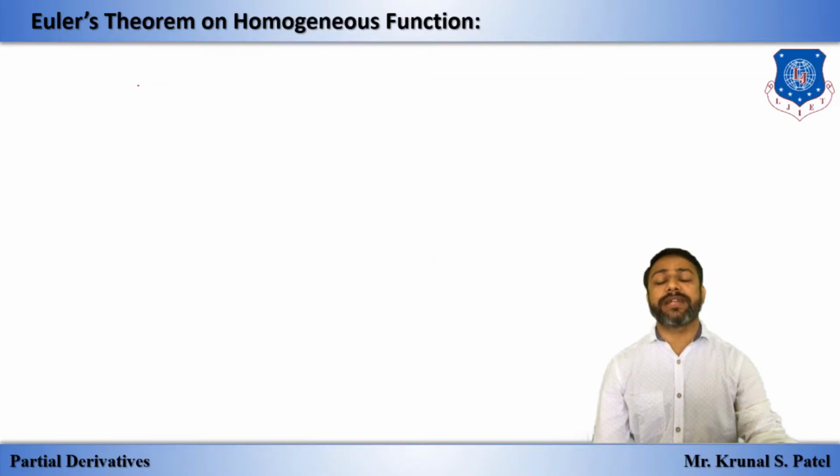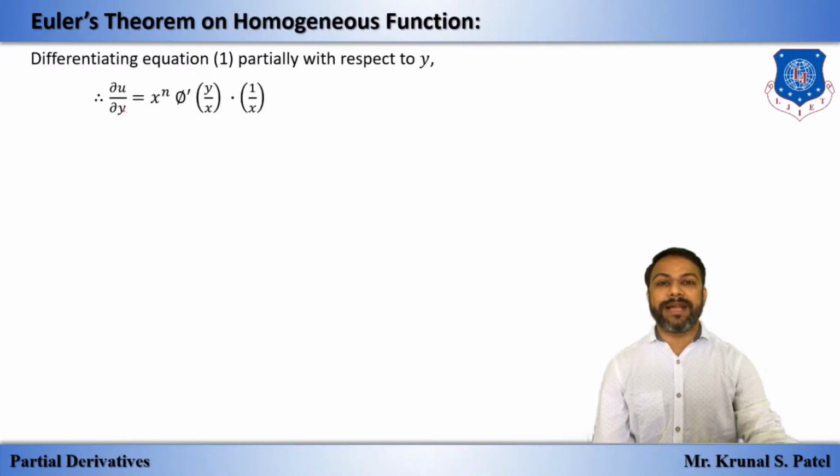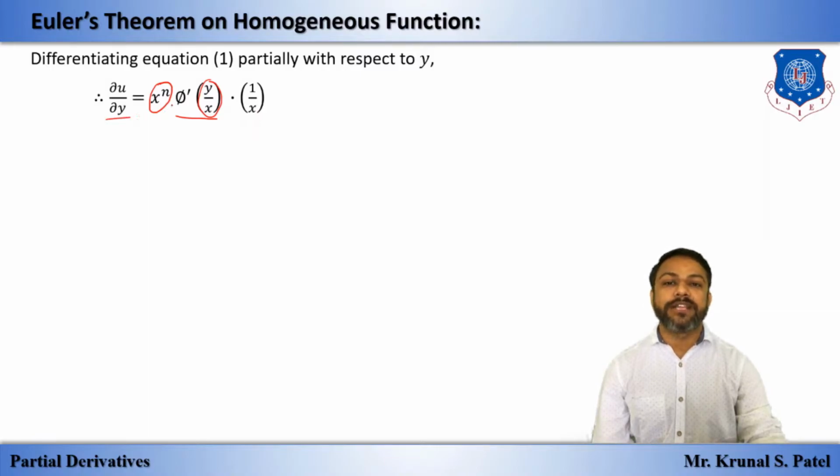So differentiating equation 1 partially with respect to y, we have del u by del y is equal to, this time this x raised to n is constant, so as it is, and differentiation of phi of y by x is phi dash of y by x into chain rule, that means differentiation of y by x is 1 by x, because we are differentiating with respect to y, so differentiation of y is 1 and x as it is. Now by simplifying, x and x raised to n we combine, so it becomes x raised to n minus 1 and phi of y by x as it is.